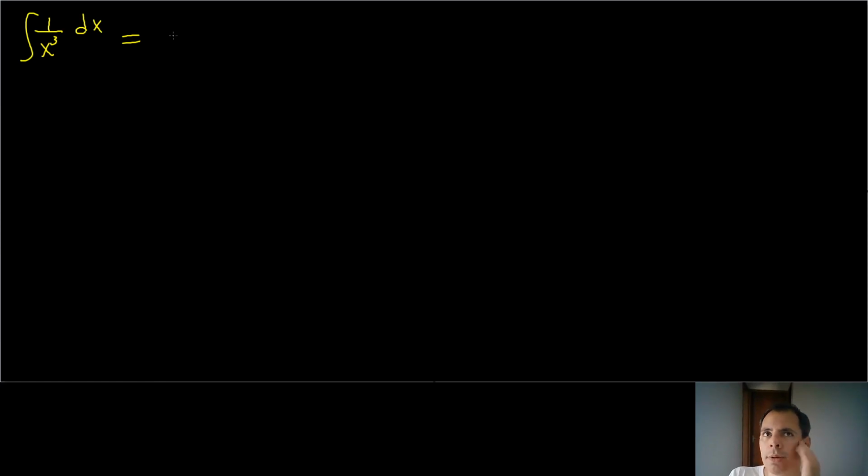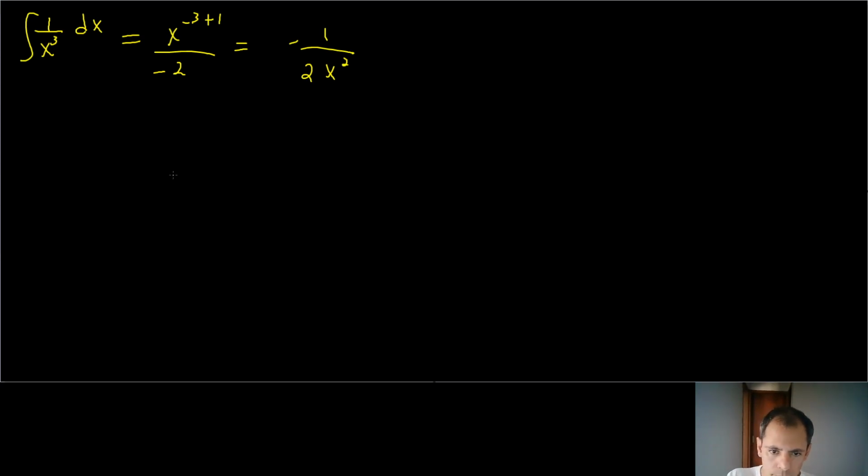What you've got to do is increase the exponent by 1, so minus 3 plus 1 is minus 2. Then you divide by this minus 2. In the end, you're going to have minus 1 divided by 2x squared.